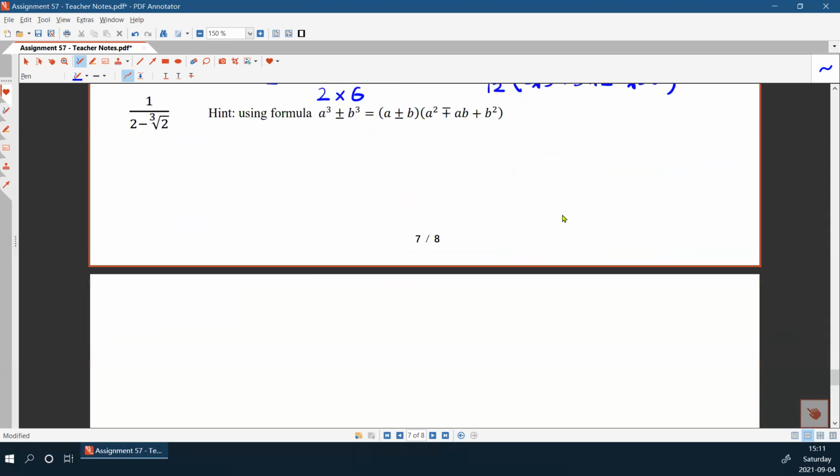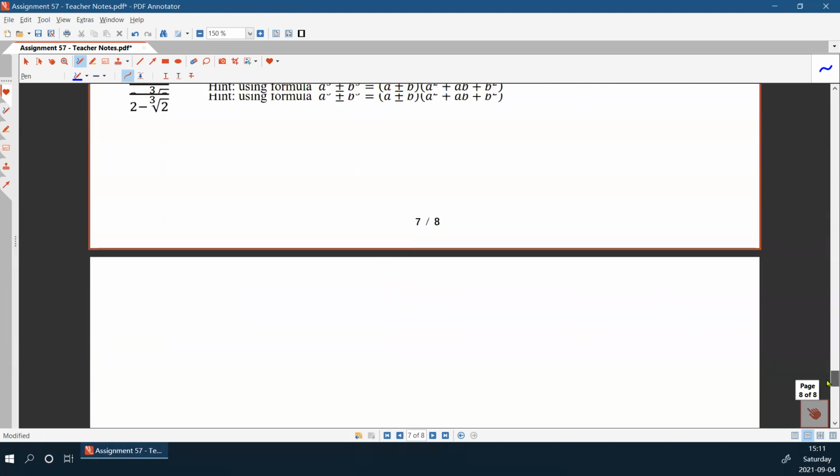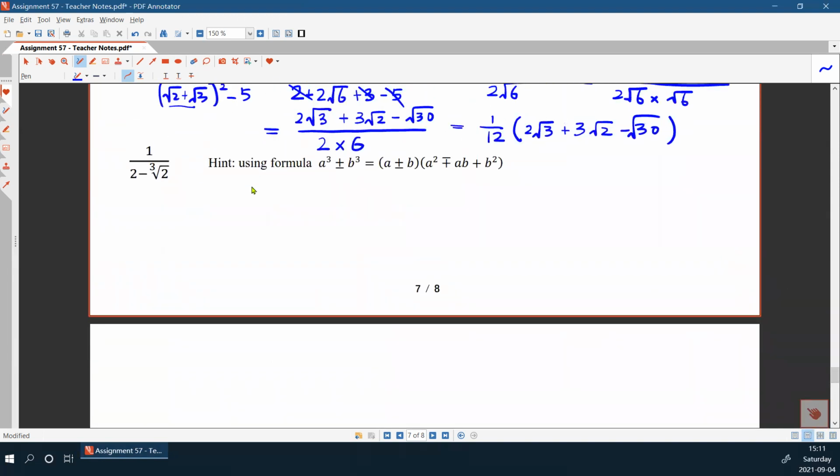All right, let's see the last question. Okay, so last question, there is a hint which you can use the following formula, right? So basically, there is a formula saying that a cubed plus b cubed is a plus b times a square minus ab plus b squared, right?